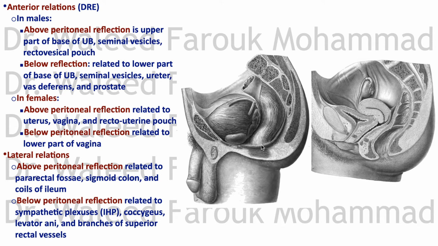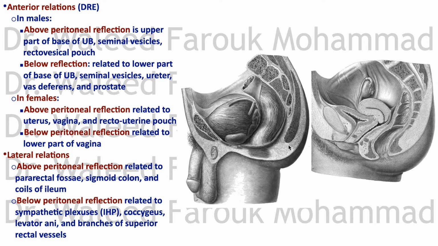In females, above the folds, it's related to the uterus and vagina, and the rectouterine pouch. Below the peritoneal reflection, related to the lower part of the vagina. See that? This is the lower part of the vagina. Lateral relations, above peritoneal reflection, related to the pararectal fossae, sigmoid colon, and coils of ileum.